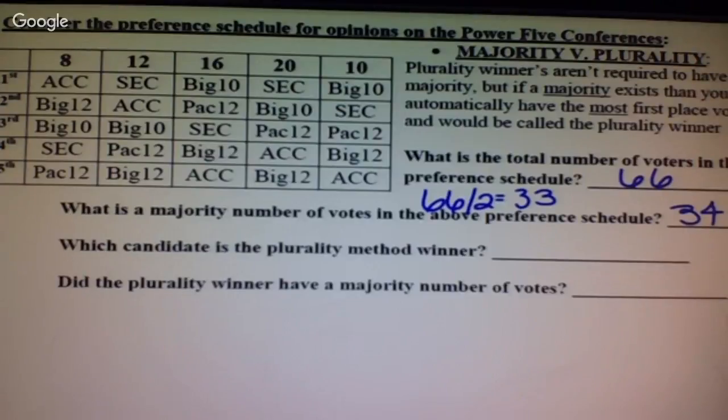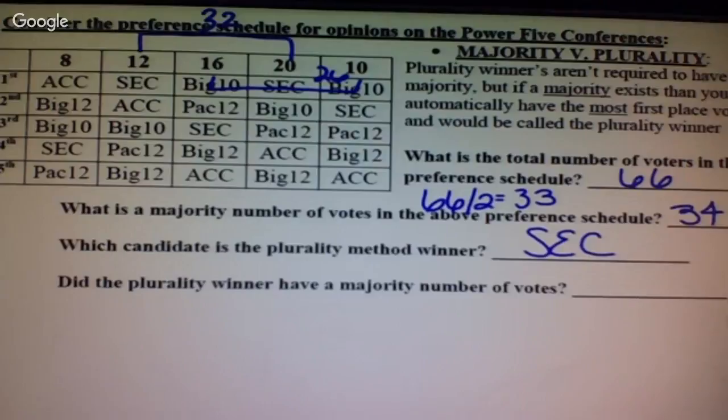Which candidate is the plurality winner? SEC. If you combine SECs, they have 32. If you combine Big Ten, they only have 26. So this is SEC. Does that plurality winner also have a majority?